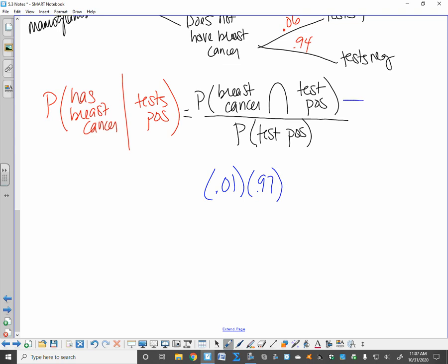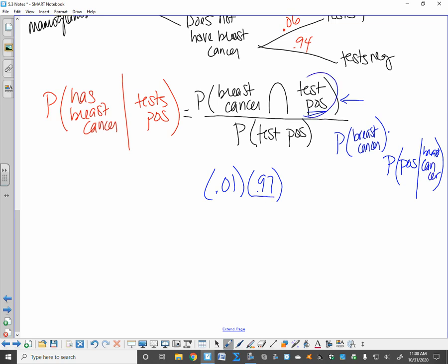And again, I just want to point out the and formula is the probability of breast cancer times the probability that you test positive given that you have breast cancer.